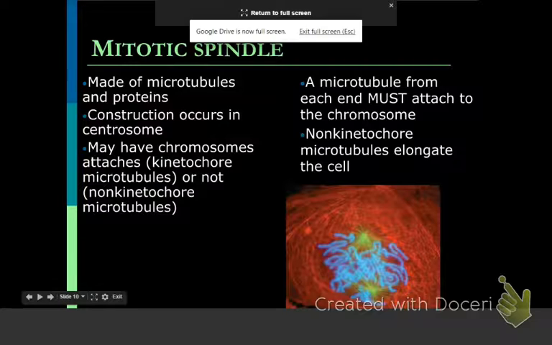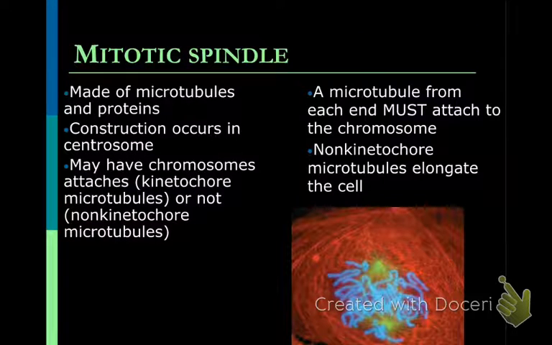You'll see the spindle fibers attaching to the chromosomes. This breaks down what the mitotic spindles are, but just know that they are microtubules and proteins. Some connect to the chromosomes and some do not, the kinetochore microtubules and the non-kinetochore microtubules. They both have the same effect of moving the chromosomes around as needed.